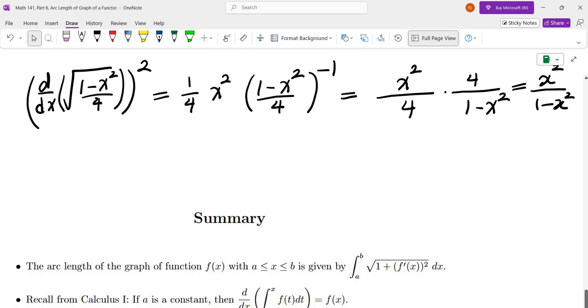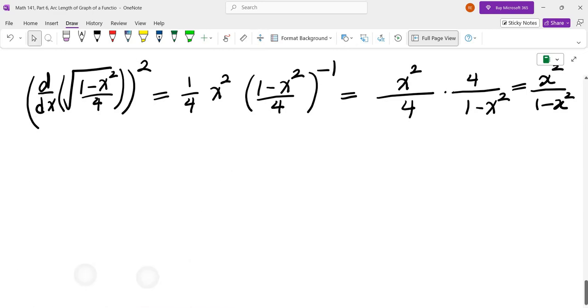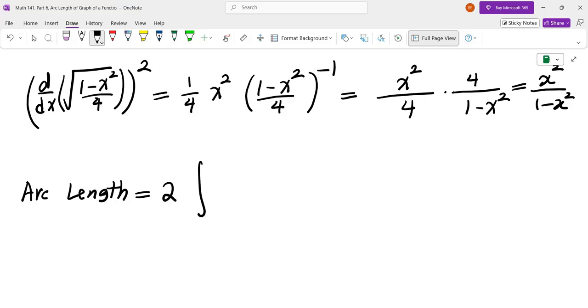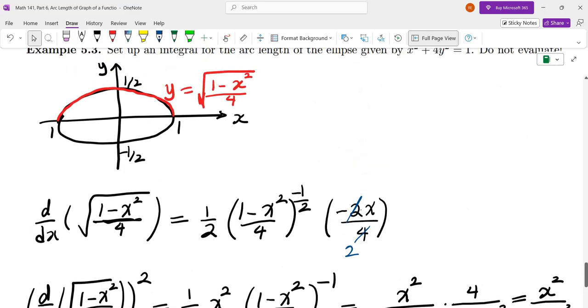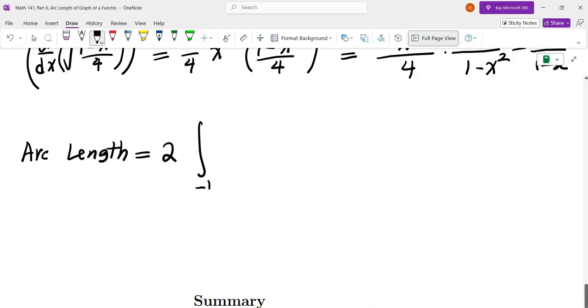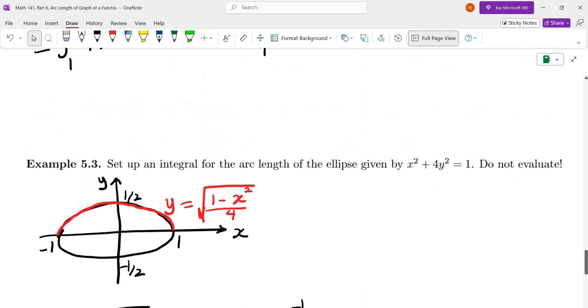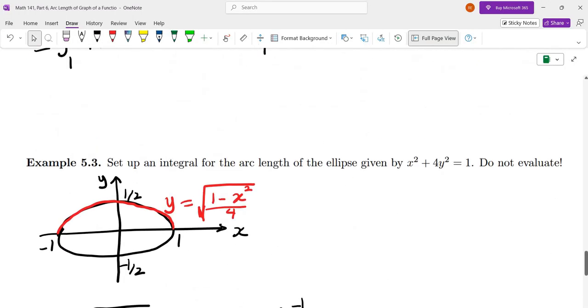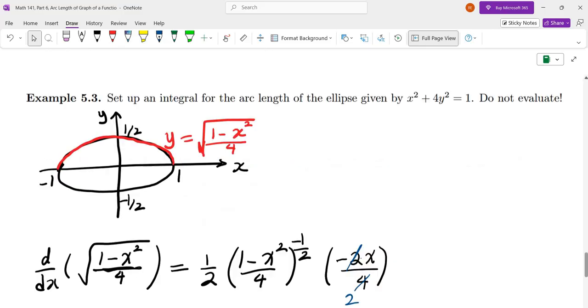So the arc length becomes twice the integral that I'm about to write. The limits of integration for x are from -1 to 1, because we know that the graph goes from -1 to 1, and we have to double that because it is the whole ellipse.